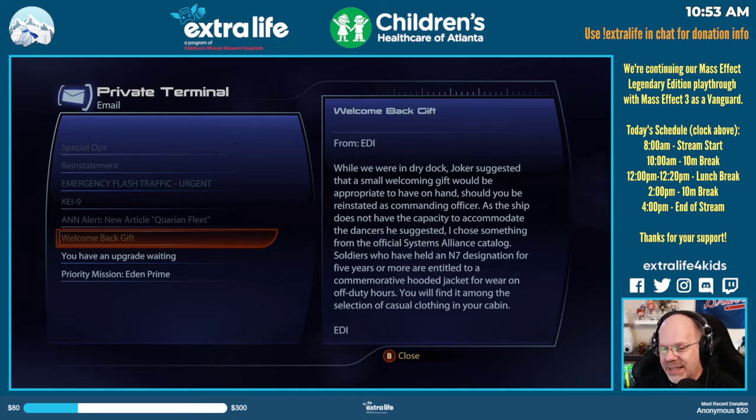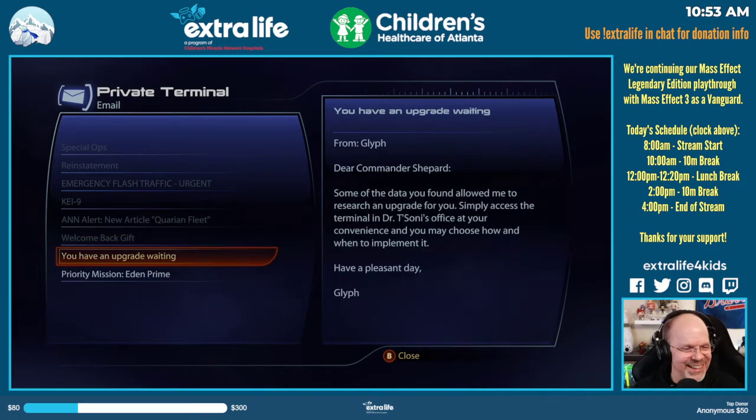Soldiers who have held an N7 designation for 5 years or more are entitled to a commemorative hooded jacket for wear on off-duty hours. You will find it among the selection of casual clothing in your cabin. Eating the dancers. Joker being Joker.